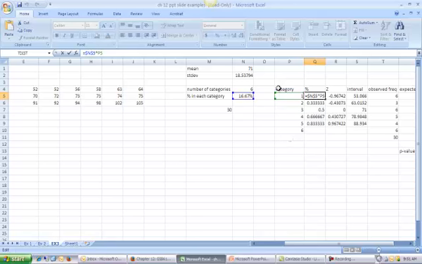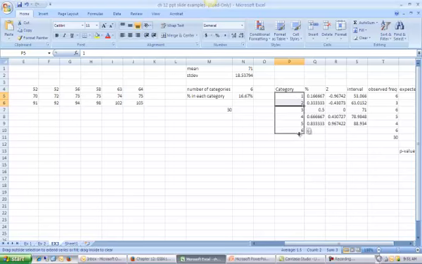So I made a list, category 1 through 6. You can either type in the numbers 1, 2, 3, 4, 5, 6, or you can go through and highlight. So if I type in 1 and 2, and then I highlight this and drag it down, it will count to 6 for me, just a simple time-saving mechanism.